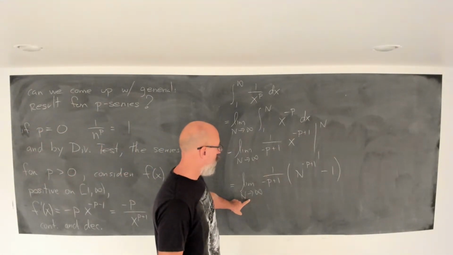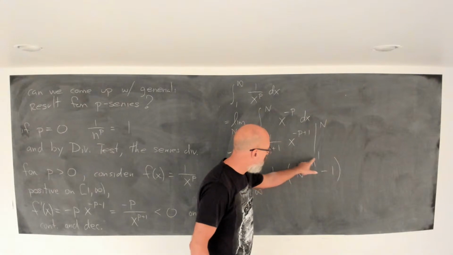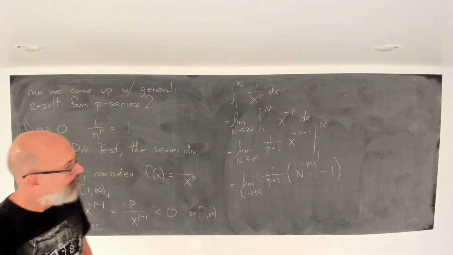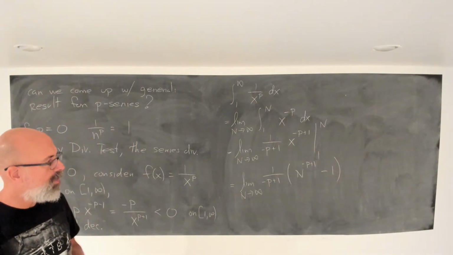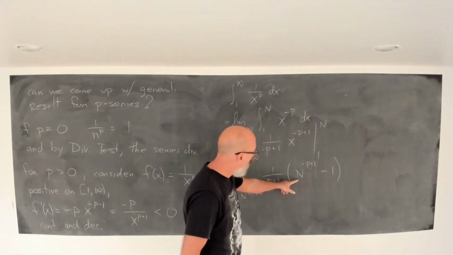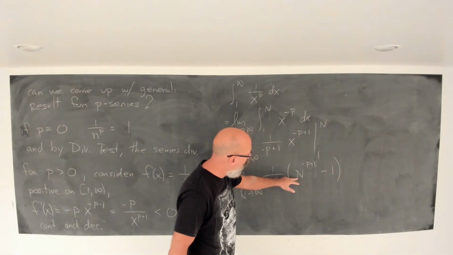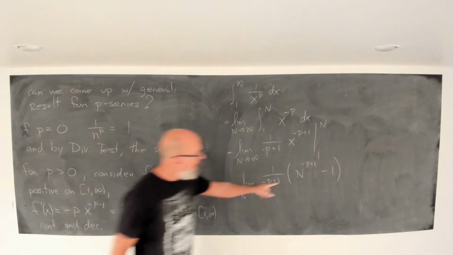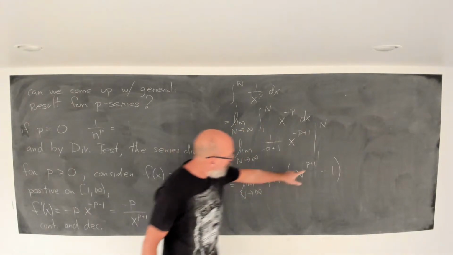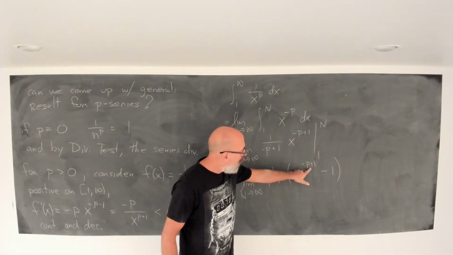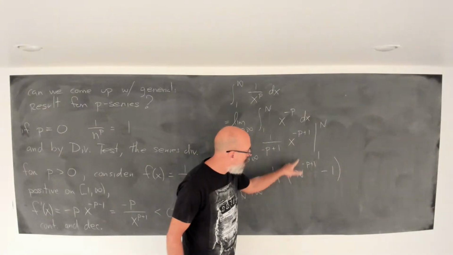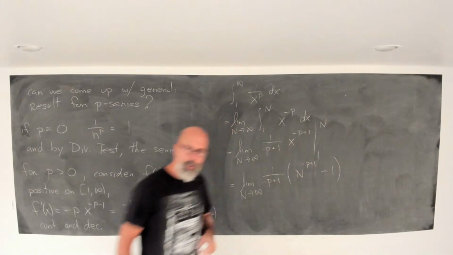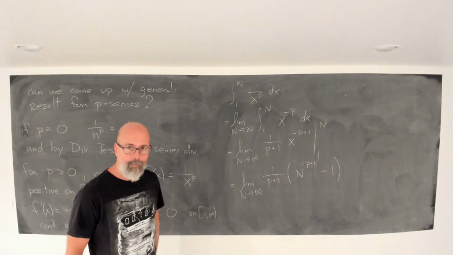What is the limit as n goes to infinity? Well, that's going to depend on what this power is. If that power is negative, meaning the n is in the denominator, then that limit is going to be 0. If the power is positive, then this is going to be n to a positive number, and that's going to diverge.